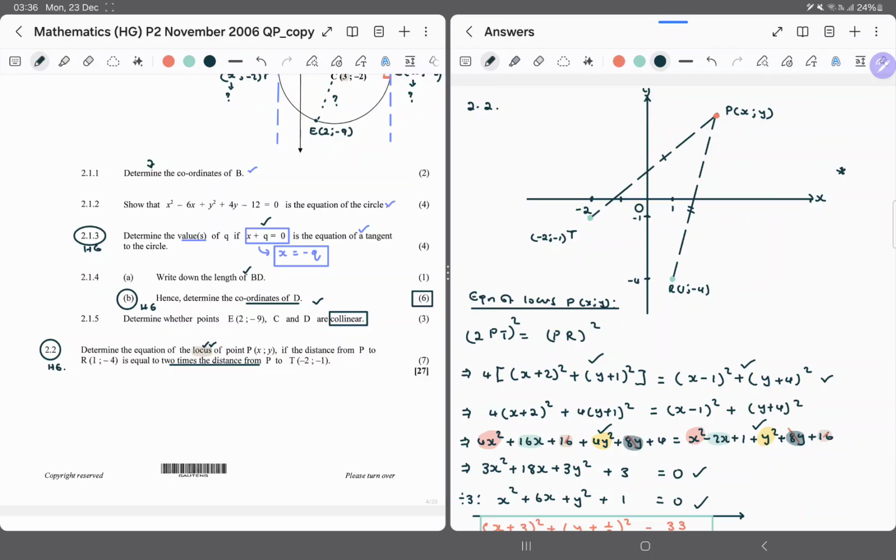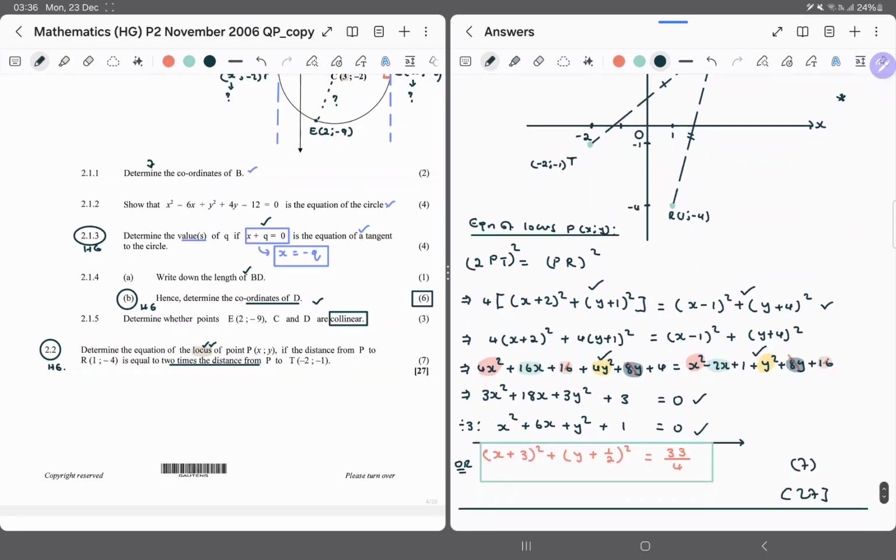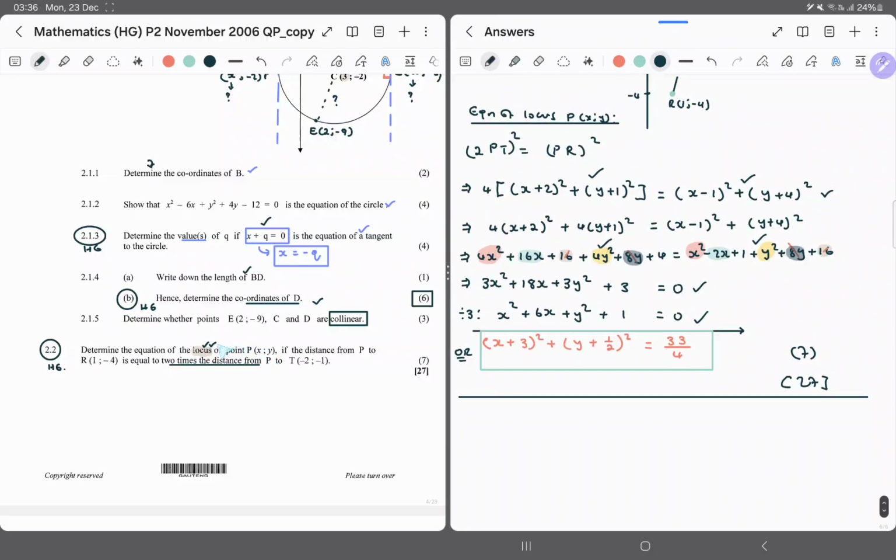Now, folks, I am done. So sometimes in our exams, we would be asked to describe the equation of the locus P when this relationship is given. So obviously for us to describe, this would be a suggestion that we need to go into sorting it out so that we can understand.